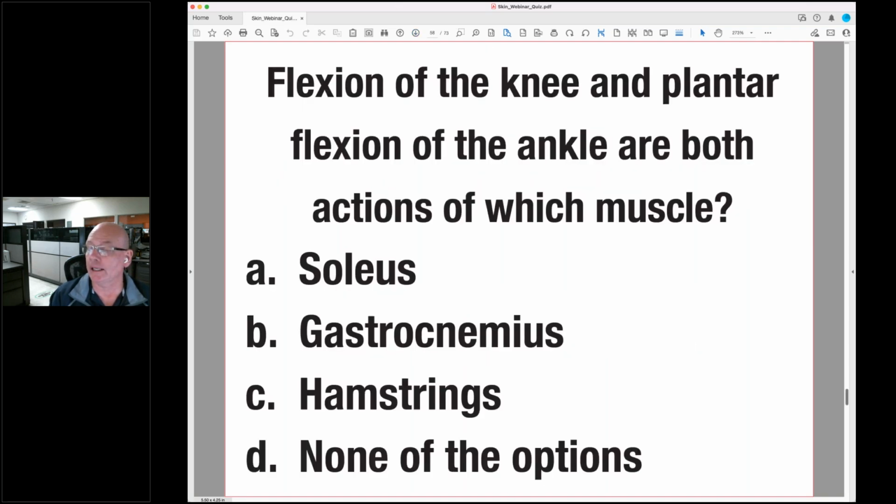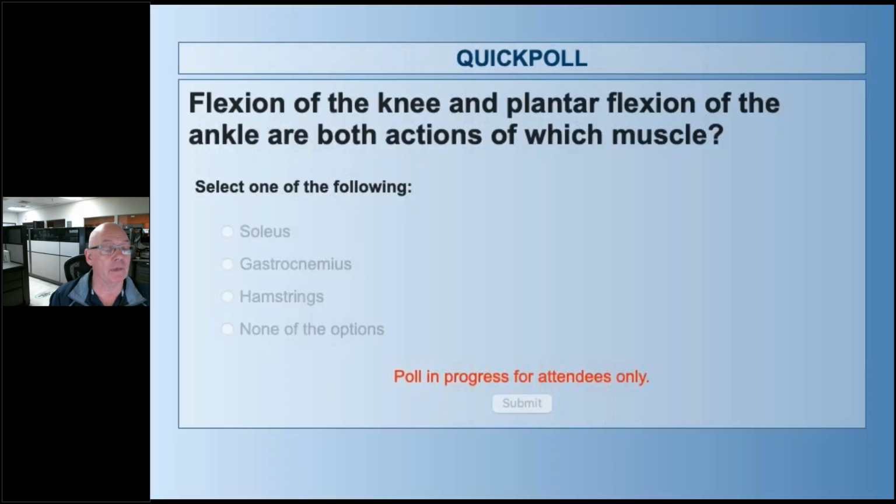Flexion of the knee and plantar flexion of the ankle are both actions of which muscle? Some people were not listening to me when I told you that it will never be none of the options.